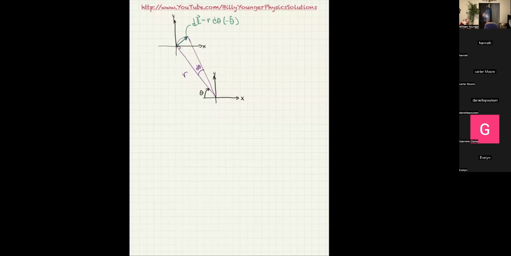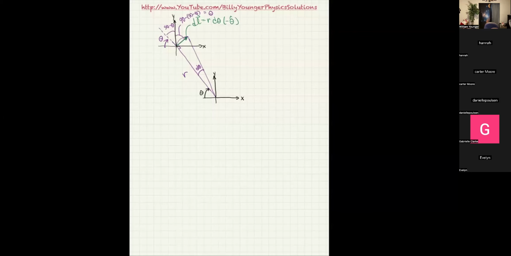I'll do dotted purple. That angle right there is theta. So this angle is 90 minus theta. So this angle is 90 minus 90 minus theta, which obviously is equal to theta.